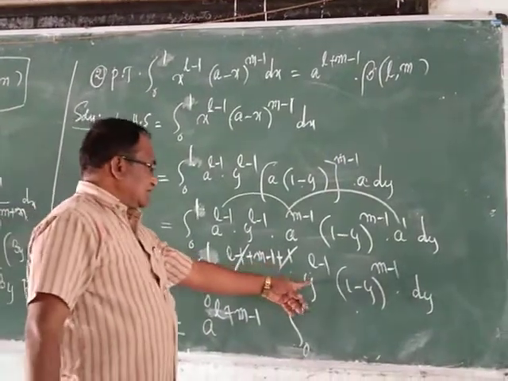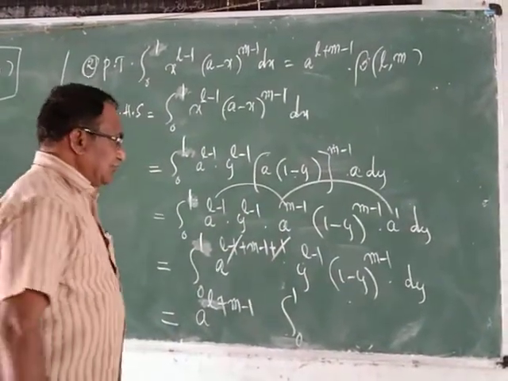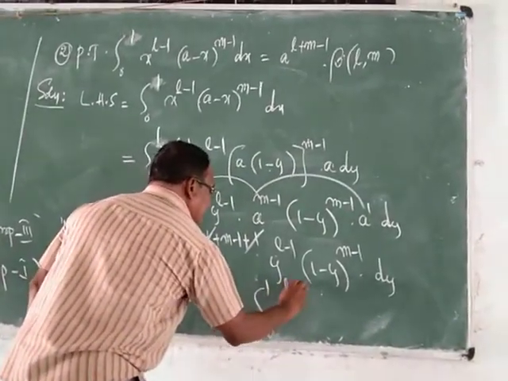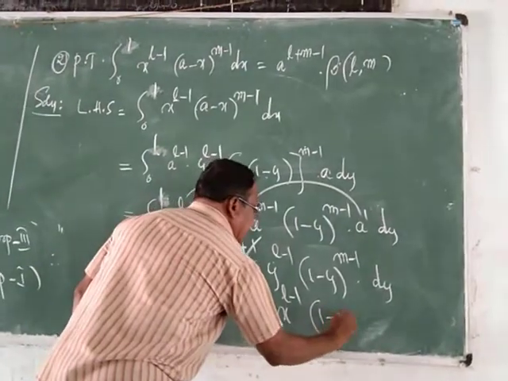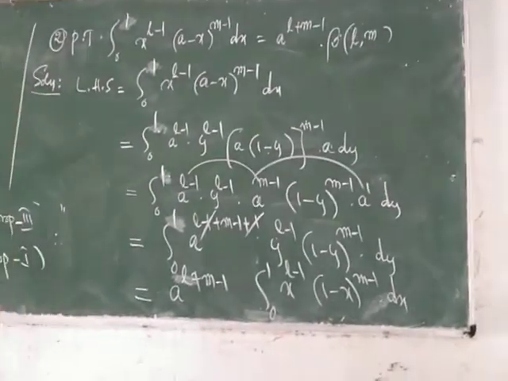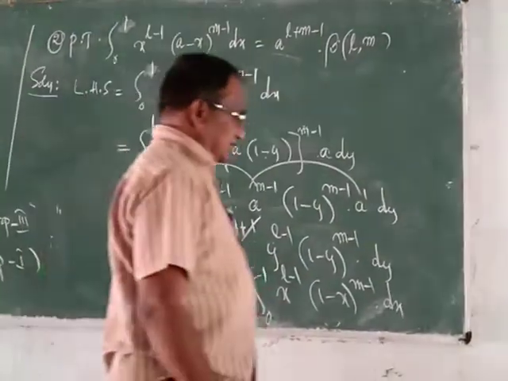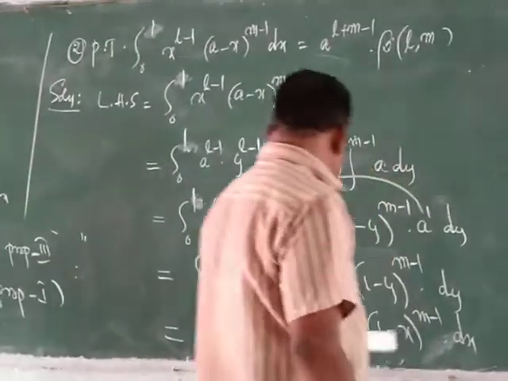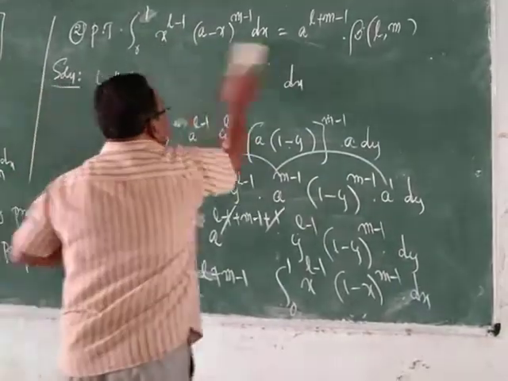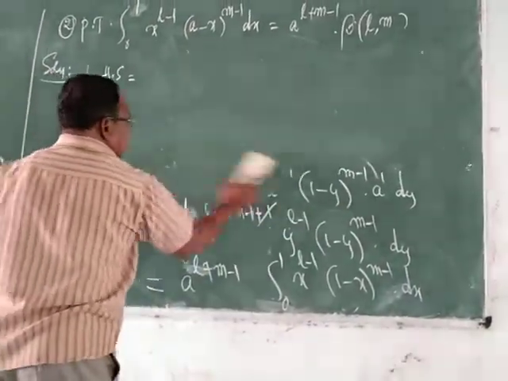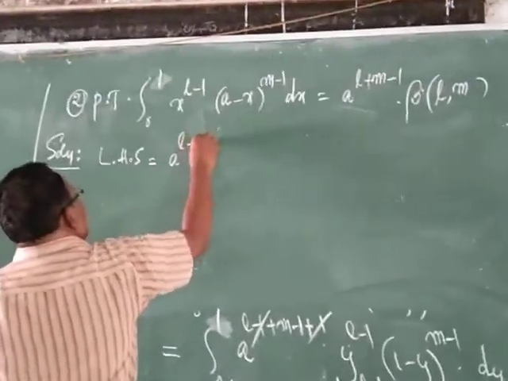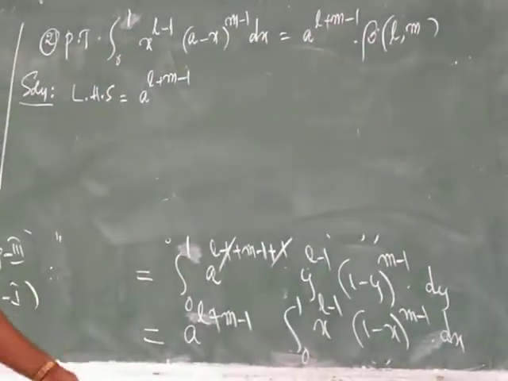Here let us change the variable y to x, just by changing dy to dx. It may be written as x to the power l minus 1 into 1 minus x whole to the power m minus 1 into dx. Just by changing the variable y to x. And this a to the power l plus m minus 1, write it as it is.